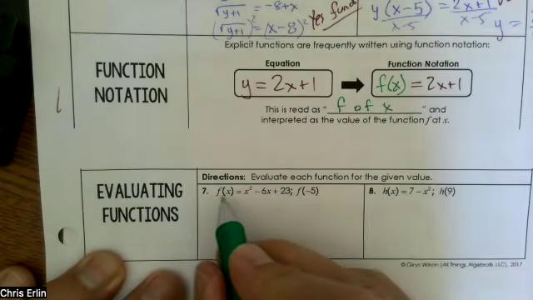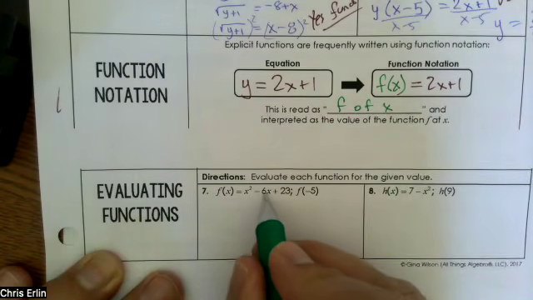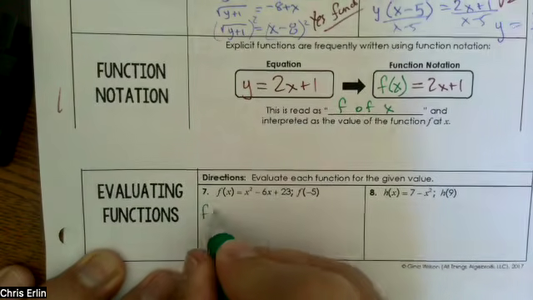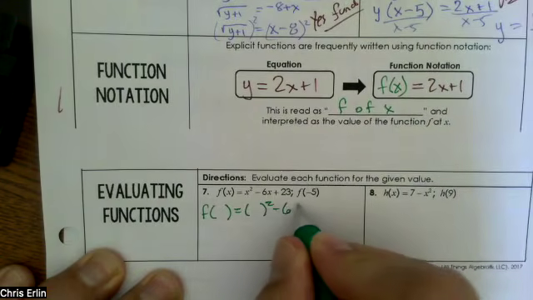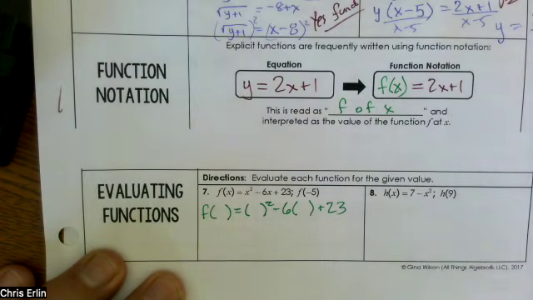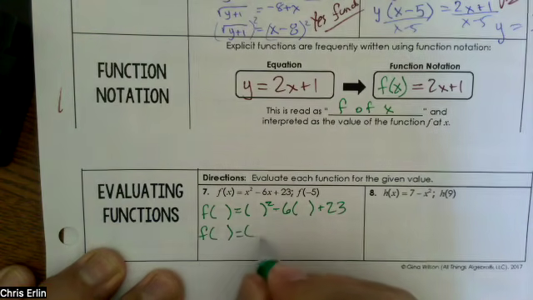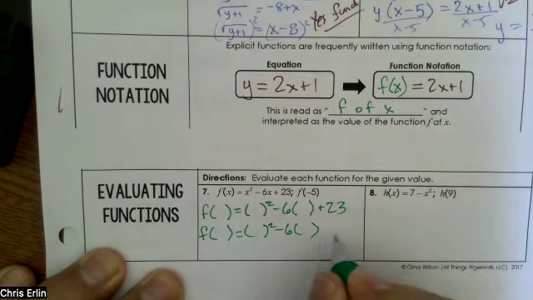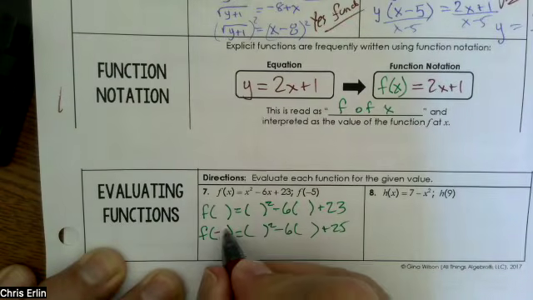So what we're going to ask you to do is evaluate these functions, which simply means you take the original function. If f of x is equal to x squared minus 6x plus 23, then f of blank is equal to blank squared minus 6 blank plus 23. Can we all agree with that? That means, if I write that again, just for clarity in the notes, instead of x, I'm going to plug in -5.